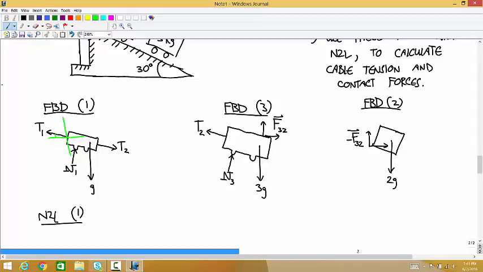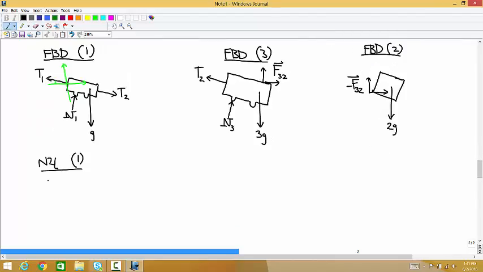Doesn't look like it, but it is. Because you're going from the positive x-axis to the vector, so it's like 180 minus 30. And so that is negative 0.866, that's the cosine of 150, times T1, and then positive 0.5 T1.